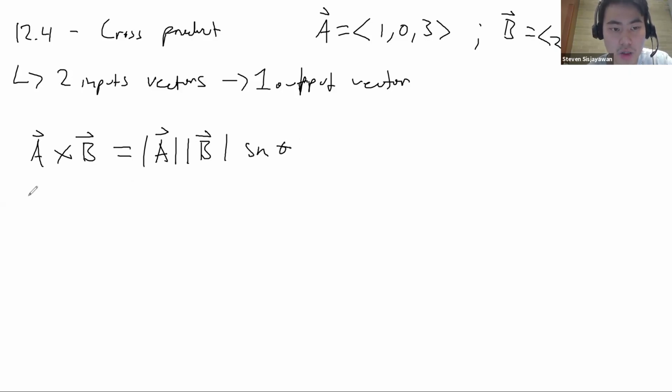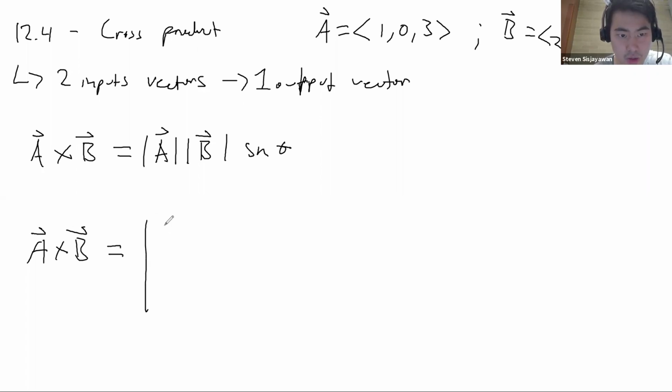And to calculate A cross B, you're basically taking the 3 by 3 determinant of these two vectors. That's one way of solving A cross B. Another way is utilizing this 3 by 3 determinant: i, j, k, then 1, 0, 3, and 2, 3, 7.